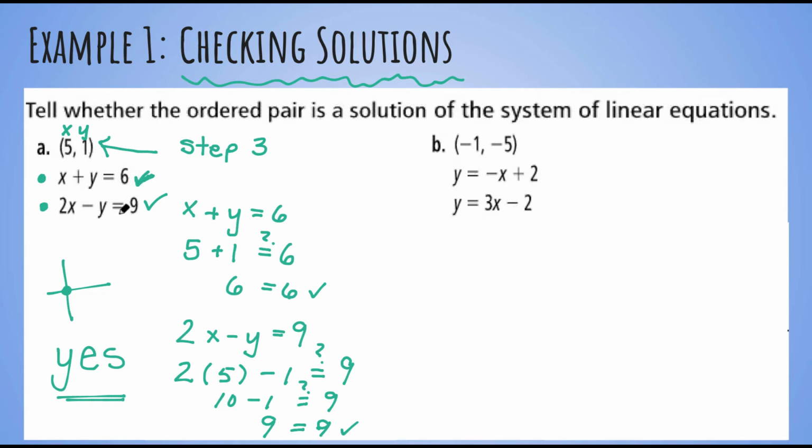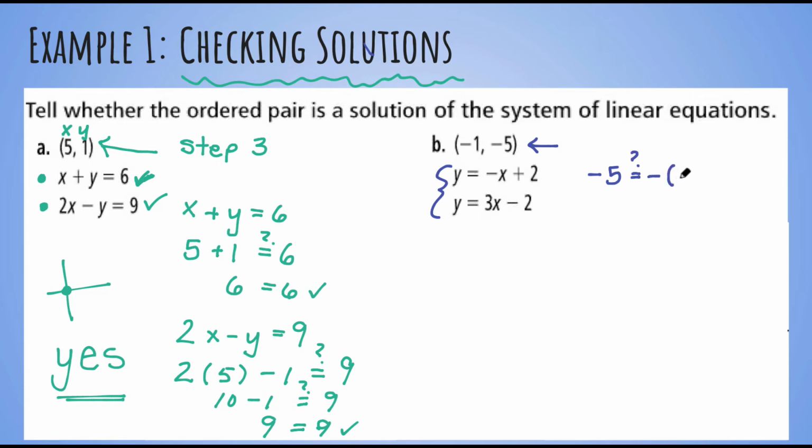Okay, so our next problem that we're working on, we're given the point (-1, -5), and we want to know, is this point a solution to this system here, these two lines? So we're going to substitute in -5 for our y. I'm going to use the first equation here, -5 for y, and I want to know, is this equal to the right side, which is a negative x.